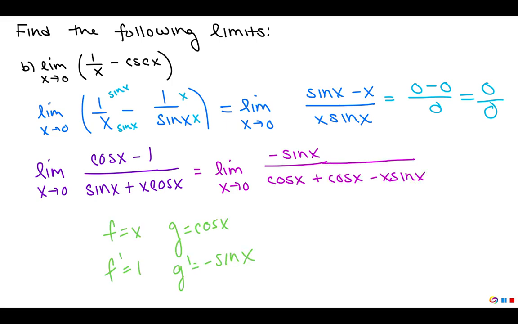Well, we're going to have to use the product rule on that. f is x, cosine x is g, f prime is 1, g prime is negative sine x. And so then we're going to take f prime times g plus g prime times f, and I added that to my denominator.